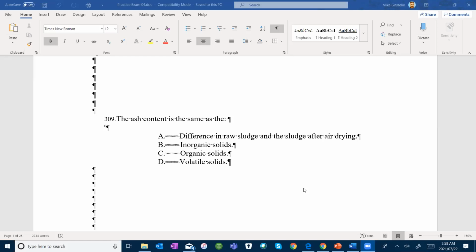If you had heating, drying, incineration, anything that would be left over, the ash would be all of the organic solids. Okay. You're correct that volatile solids would be what's being burned up, but in this question, ash would include all organic solids, anything that can be burned.